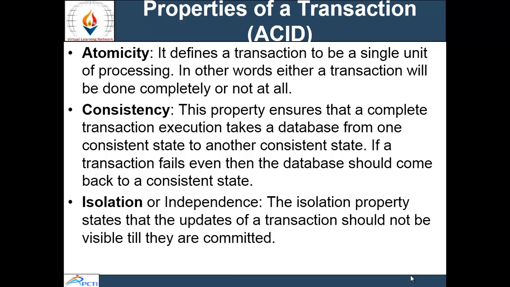For example, if there is a transaction for transferring 500 rupees from A to B, then we begin the transaction, we read A, then we subtract 500 from A's account, then we write A.